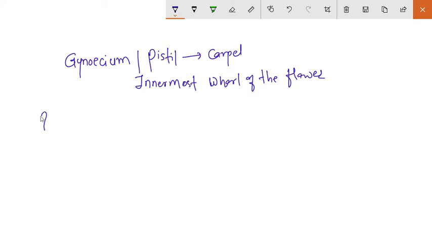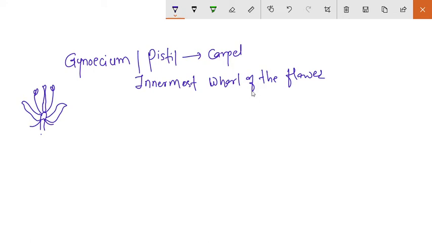That means on the thalamus, the innermost is the gynoecium, then the androecium, then the corolla and the calyx. So here the innermost whorl is the gynoecium.